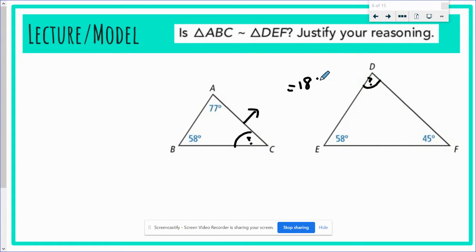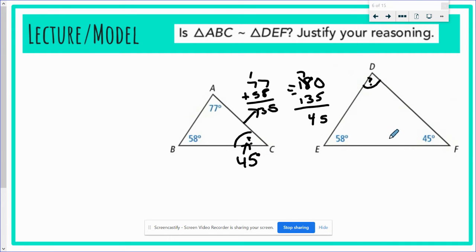So 77 plus 58 is 135. 180 minus 135 is 45. So this angle would be 45 degrees.